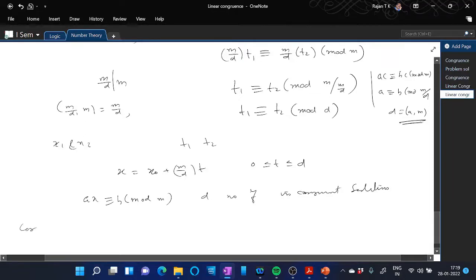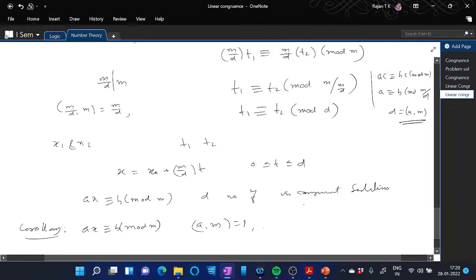And there is a corollary to this theorem. For the congruence relation Ax congruent to B modulo M, suppose gcd(A, M) equal to 1, that is, A and M are relatively prime.